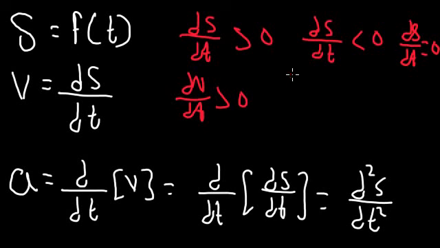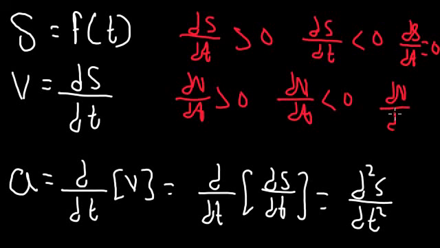Also, if dv by dt is less than 0, then the velocity is decreasing, and this simply means that the particle is decelerating. But if dv by dt is equal to 0, then it means the particle is moving with a constant velocity, no deceleration, no acceleration.